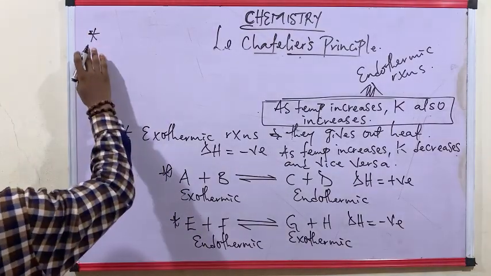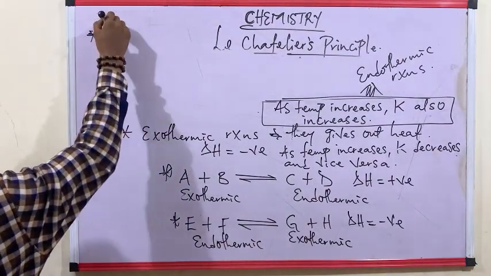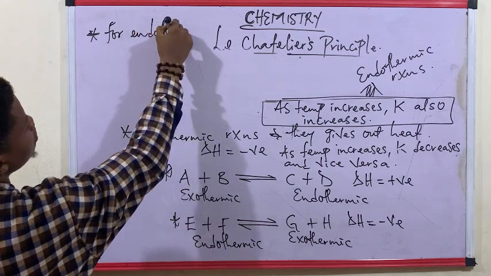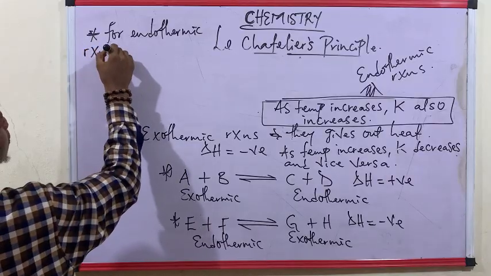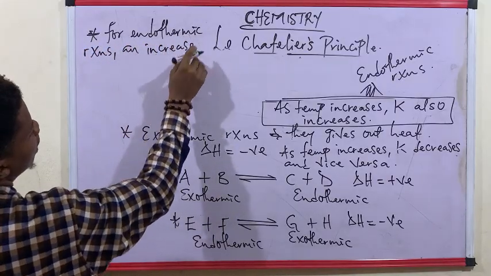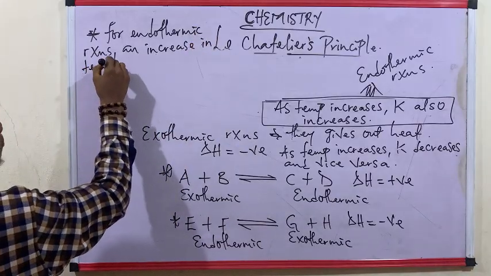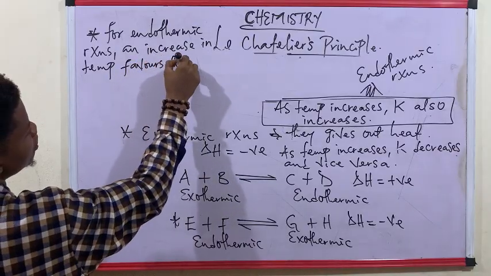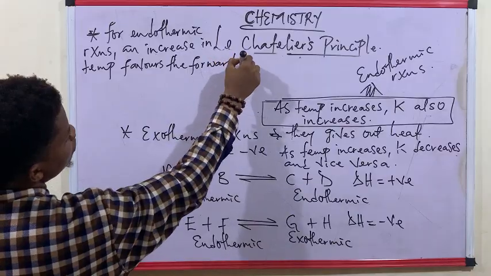All right. So, secret number one, for endothermic reactions, an increase in temperature favors the forward reaction.